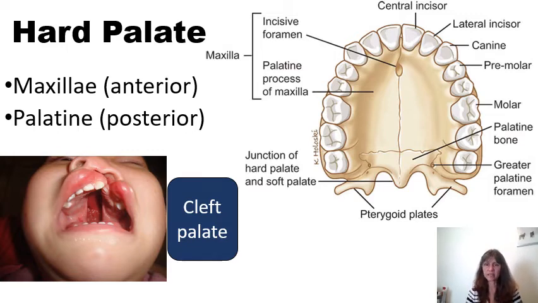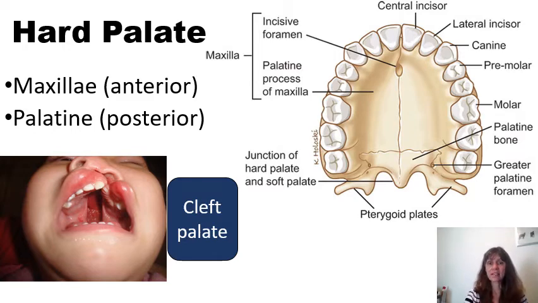Depending on the severity of the cleft palate, there may be surgery required to repair the palate in order for a person to function more normally. We use our teeth for chewing and speaking and swallowing, and having the rest of the oral cavity intact is really important for normal function.